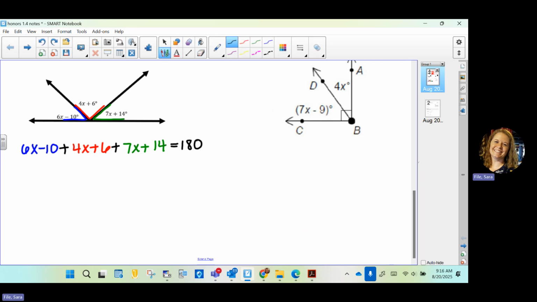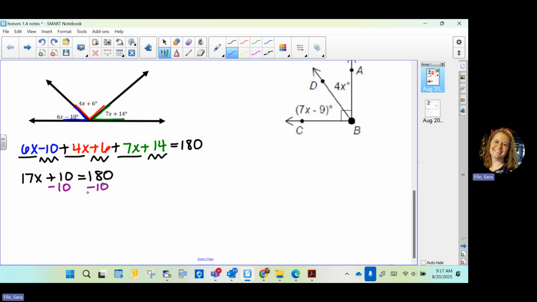All right, so we're going to combine like terms first. So how many x's do I have? How many constants do I have? Now I'm ready to move terms with opposite operation.